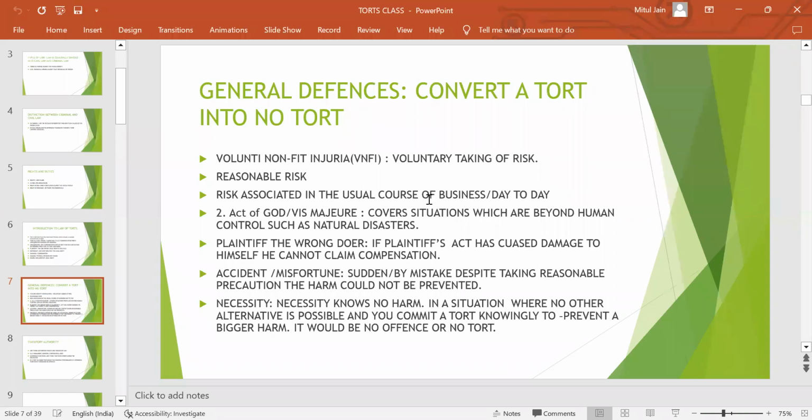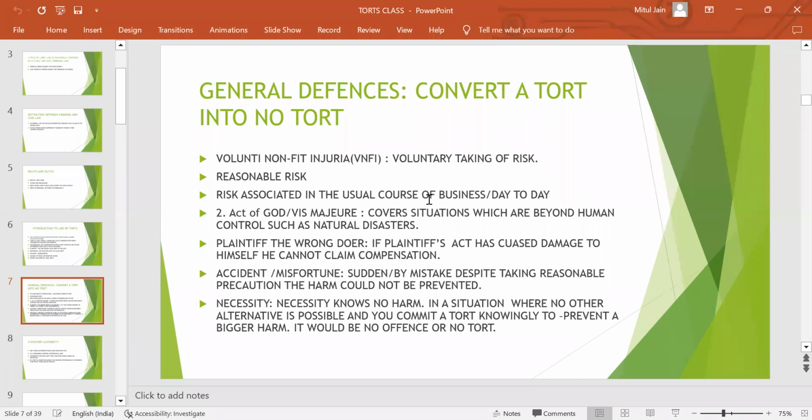Why? Because if damage is caused due to natural disaster or disasters which are beyond human control, then the person would not be liable.